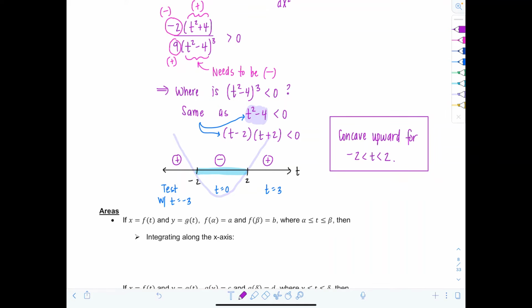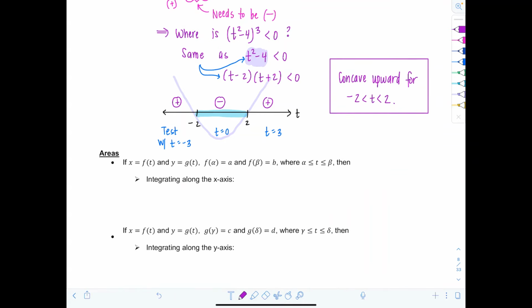Of course, we want to integrate these parametric curves, right? Why not? So let's talk about areas. If you have x and y parametric equations with parameter t, and f of alpha equals a, and f of beta equals b, where alpha and beta are the limits on your parameter t, okay?